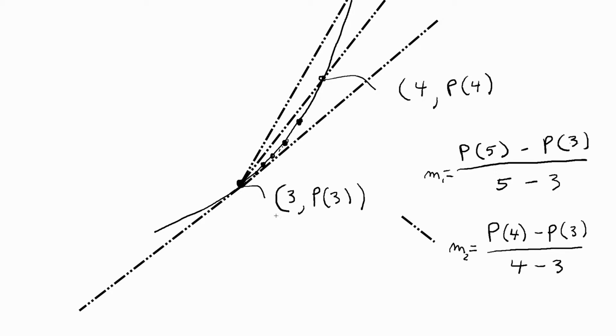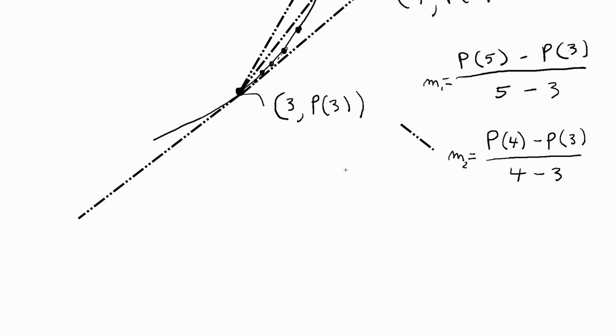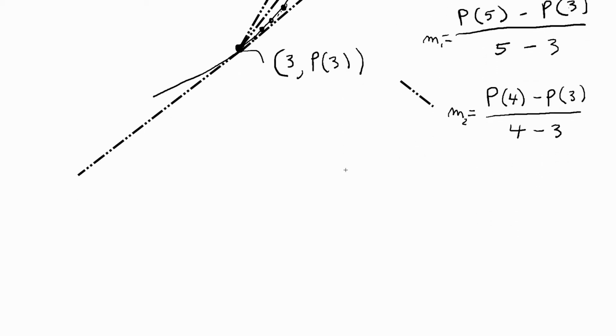So we're looking for the slope of that line right there. And our definition is the following. We are going to calculate the following limit. We're going to find the limit as the number a approaches, what number are we going to get close to? 3.